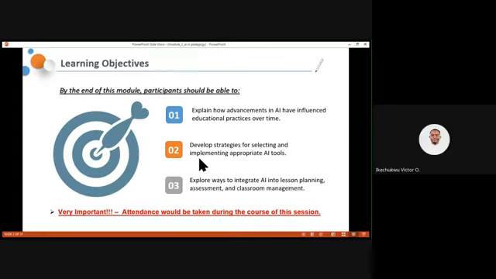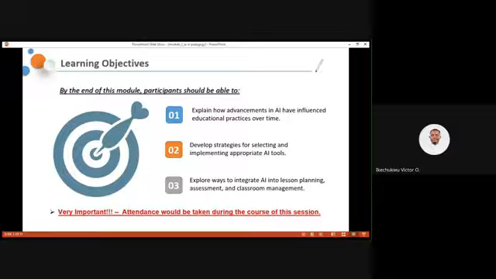The second part is that we're going to develop strategies for selecting and implementing appropriate AI tools for what they are meant to be used for. So it's important that we know that. We're also going to explore ways to integrate AI into lesson planning, assessment, and classroom management.